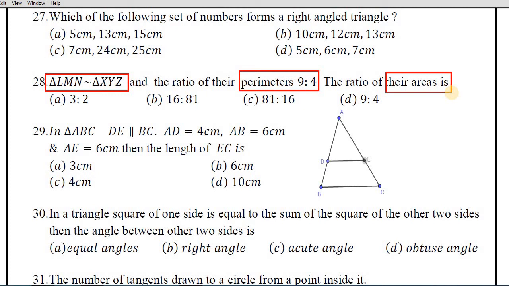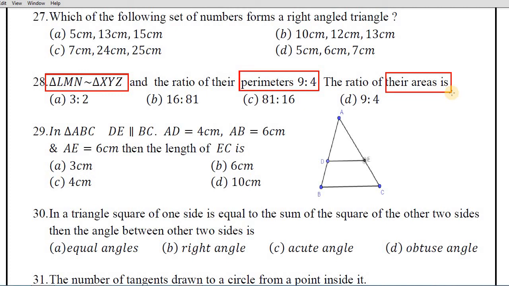I repeat here again, the ratio of areas of two similar triangles is directly proportional to squares of their corresponding sides, or squares of their corresponding medians, or squares of their corresponding altitudes, or squares of their perimeters. Keep it in mind.